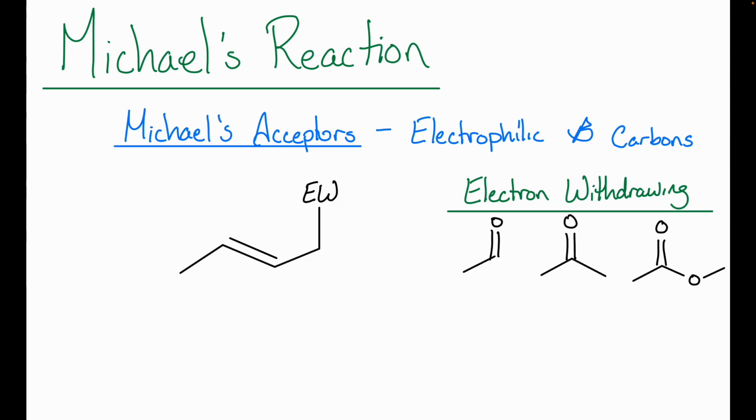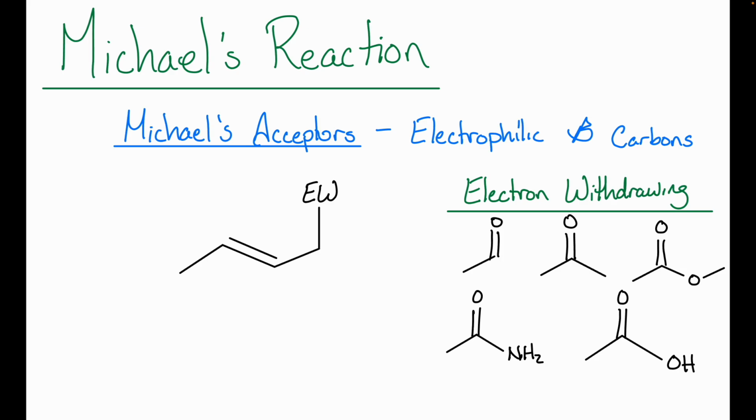Another one of our carbonyl containing functional groups that we haven't talked about too much are amides. We have a nitrogen on the other side of that double bond.